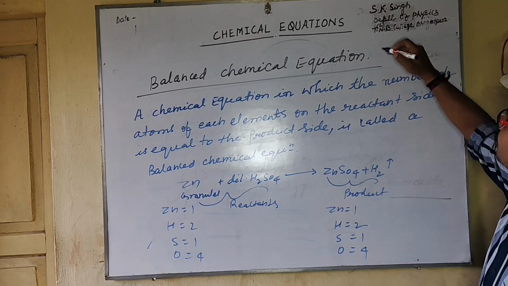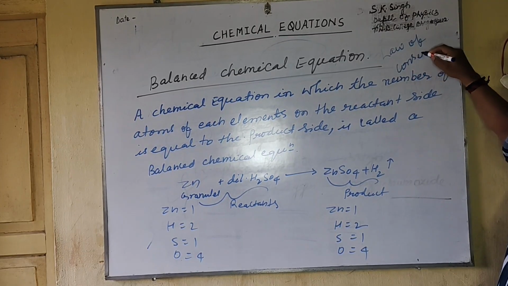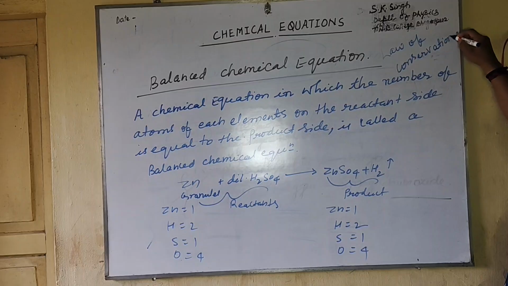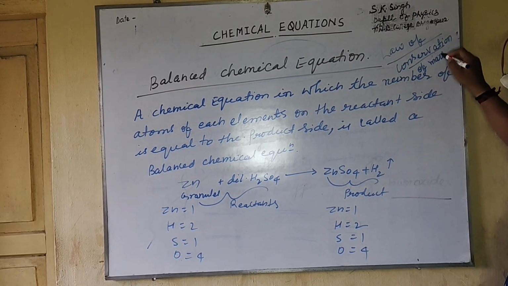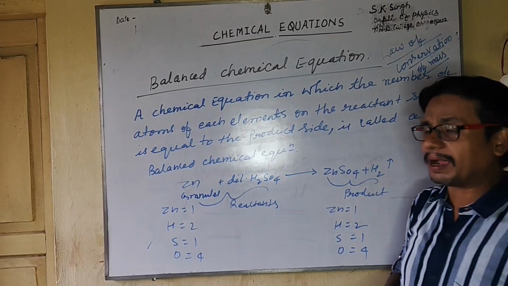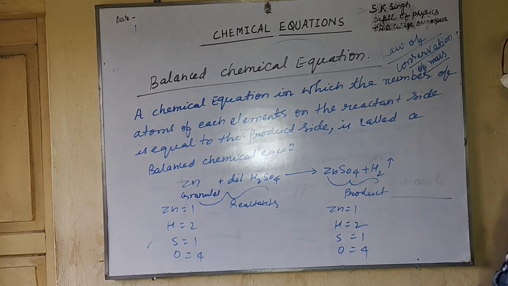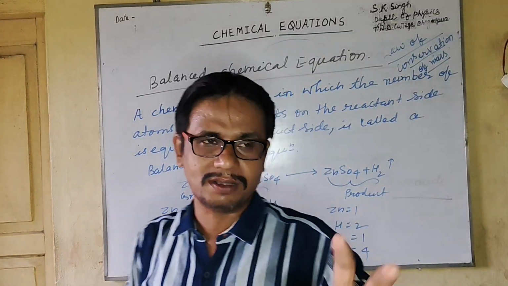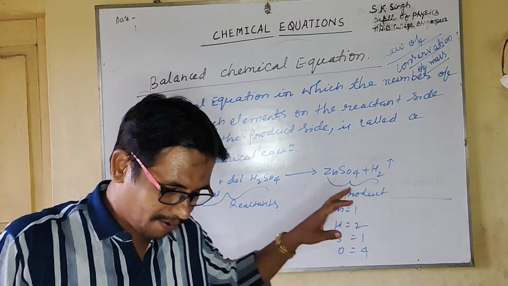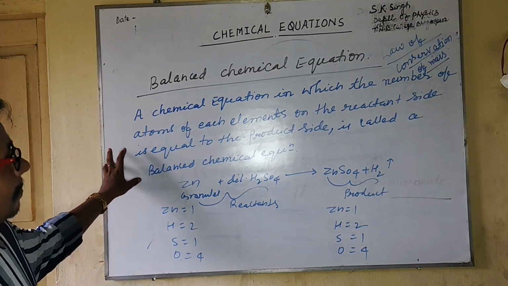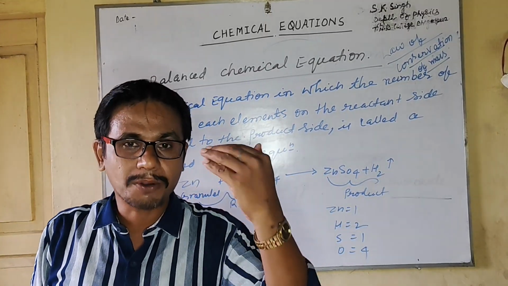According to the law of conservation of mass, you read it in class 9, in chapter number 1, that is Matter in Our Surroundings. You may just recall in your mind what the law of conservation of mass is. I am going to tell you: it states that matter can neither be created nor be destroyed.